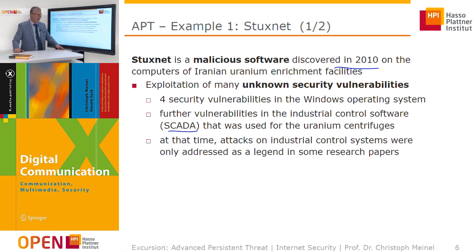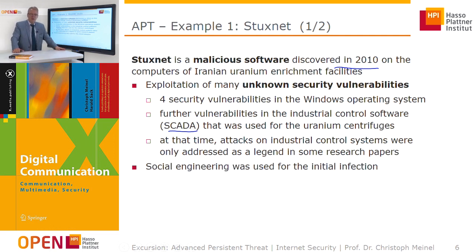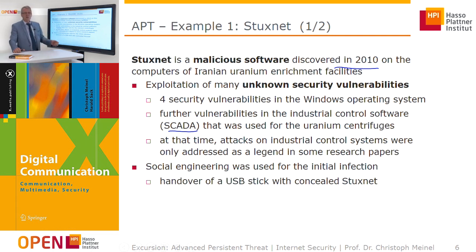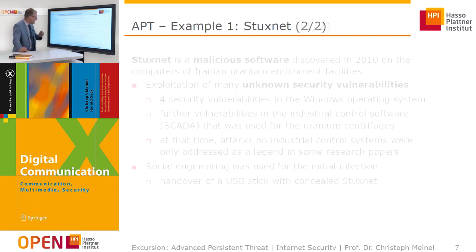At that time, attacks on industrial control systems were only addressed as a legend in some research papers. Nobody was aware that it's also possible to perform cyber attacks on industrial control systems. Social engineering was used for the initial infection, caused by the handover of a USB stick with concealed Stuxnet.